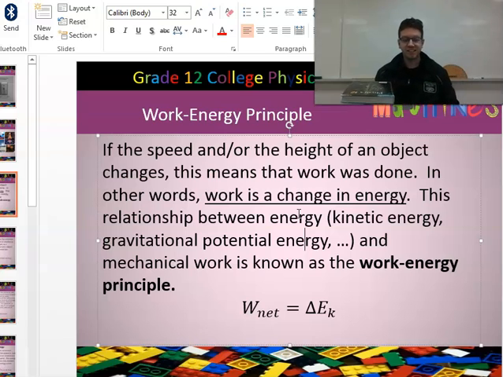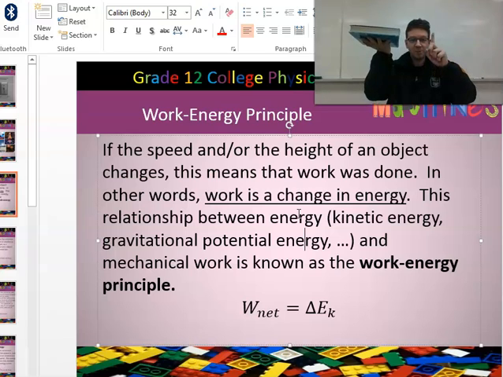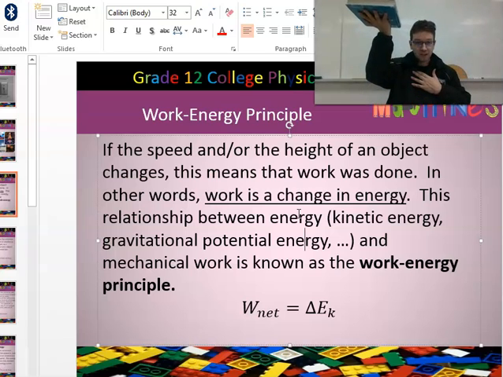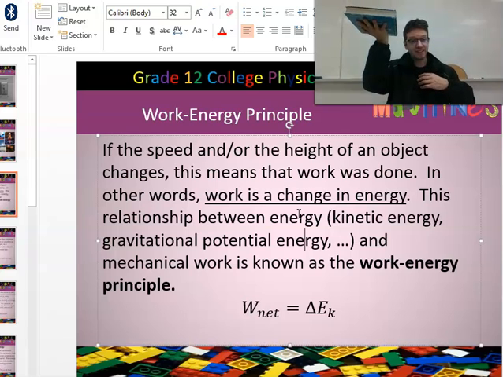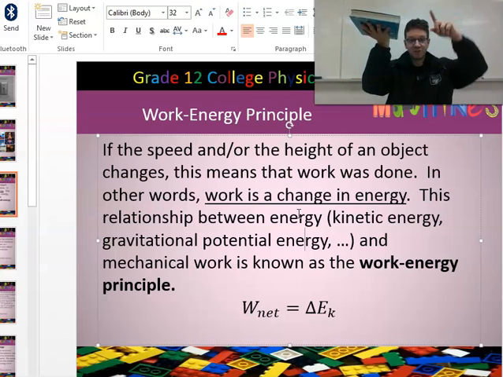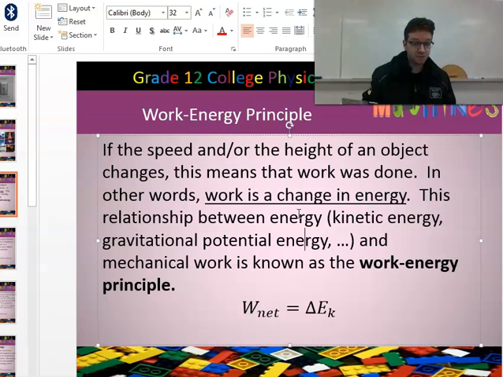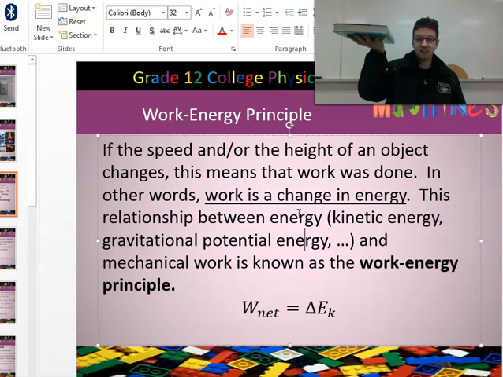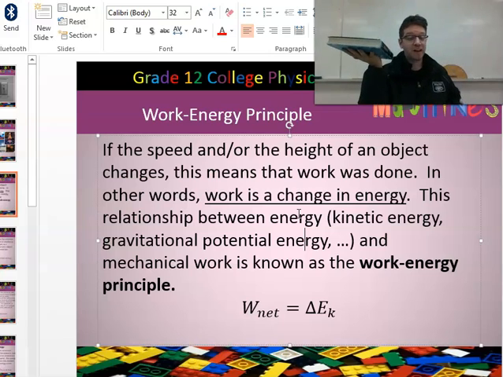So first example, if I lift this up, I'm applying a force up, its displacement is up, so I am doing positive work. But gravity is down even though displacement is up, so gravity is actually doing negative work. If I'm lifting it up at a constant velocity, if you remember from the forces unit, all of our forces are in equilibrium, therefore my applied force equals the force of gravity.